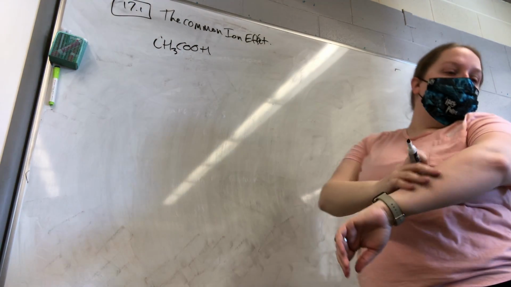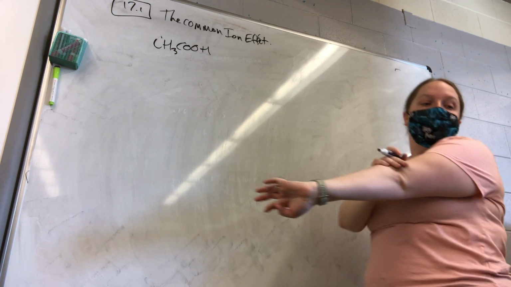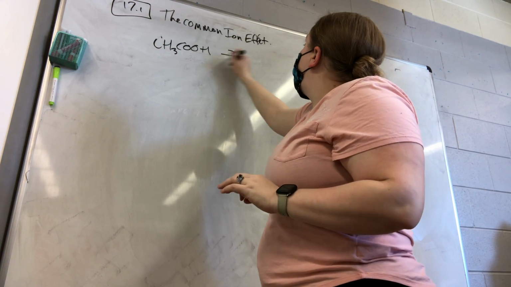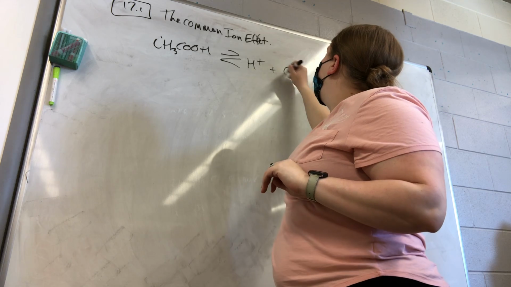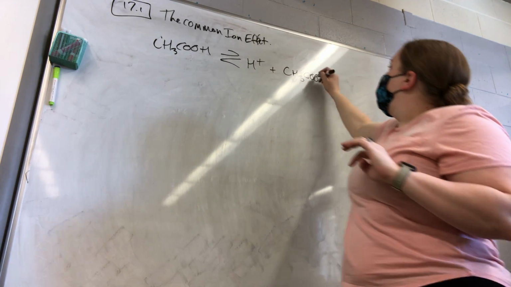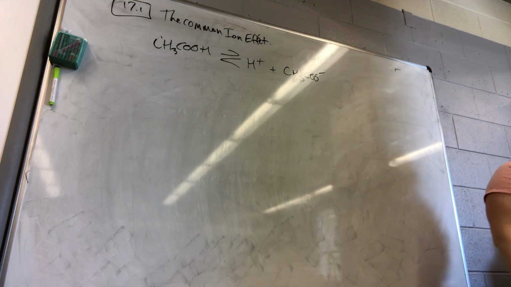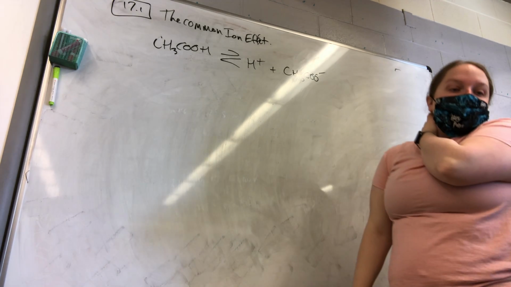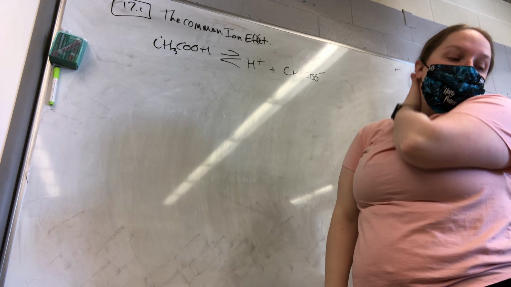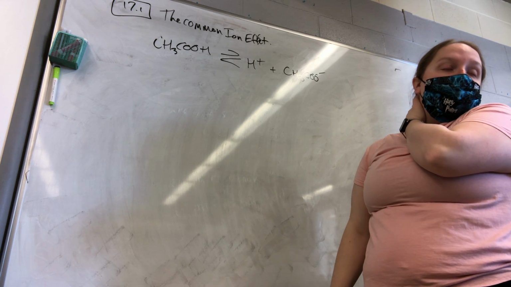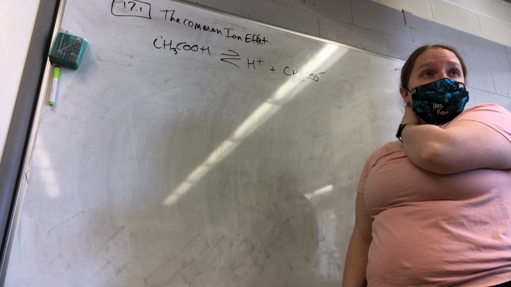Here we go. We start with a weak acid, which will dissociate into two things, the proton and the conjugate base. We are told that the common ion effect will shift equilibrium. Remember, this is all Le Chatelier's.